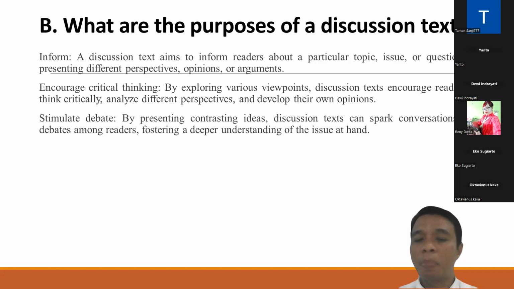So here we have three kinds of the purpose of a discussion text. The first one is to inform. The second one is to encourage critical thinking. And the third one is to stimulate debate.